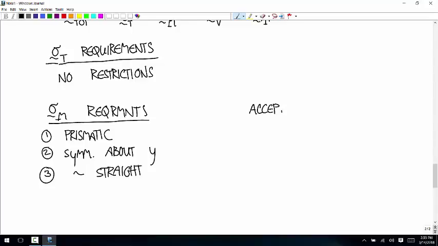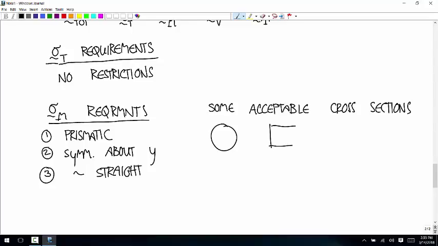This one, let's talk about some acceptable cross sections. Hollow is fine.